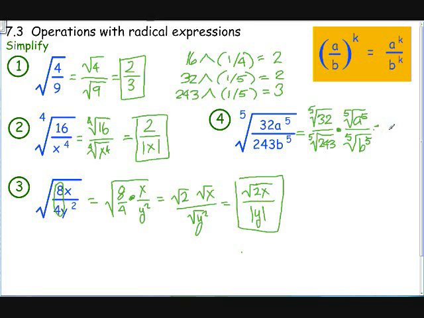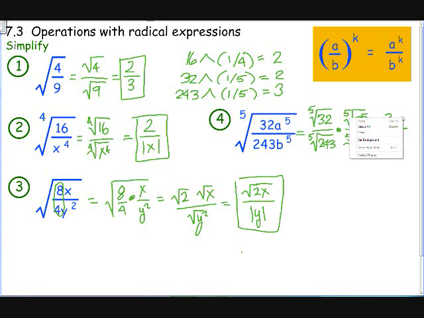This is a beautiful little problem. So we've got 2 over 3, and those are positive roots, very nice. We don't have to worry about positive and negative because we've got odd.